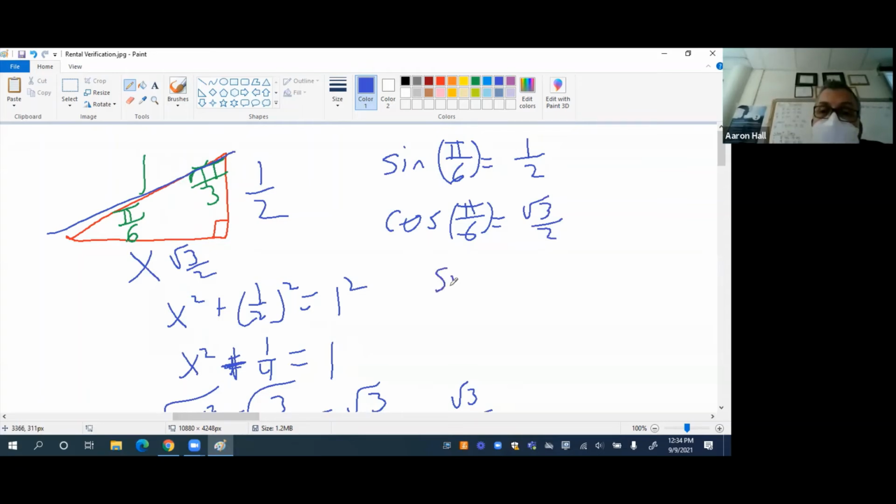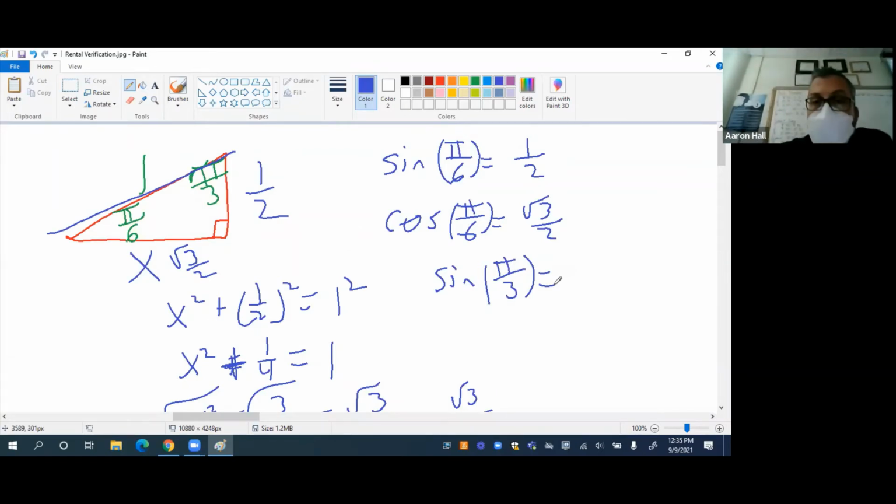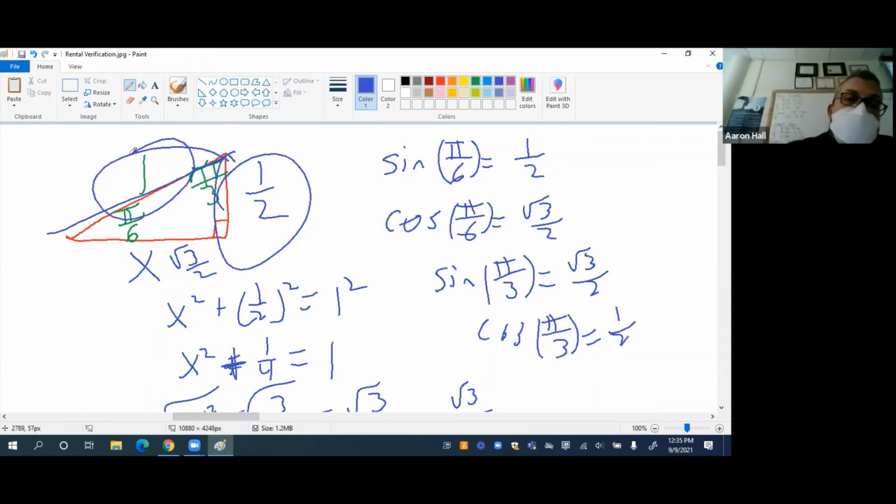What is sine of pi over 3? Opposite over hypotenuse, which is the square root of 3 over 2 over 1, the square root of 3 over 2. And then cosine of pi over 3? It's 1/2. It's my adjacent over hypotenuse. That is 1/2.